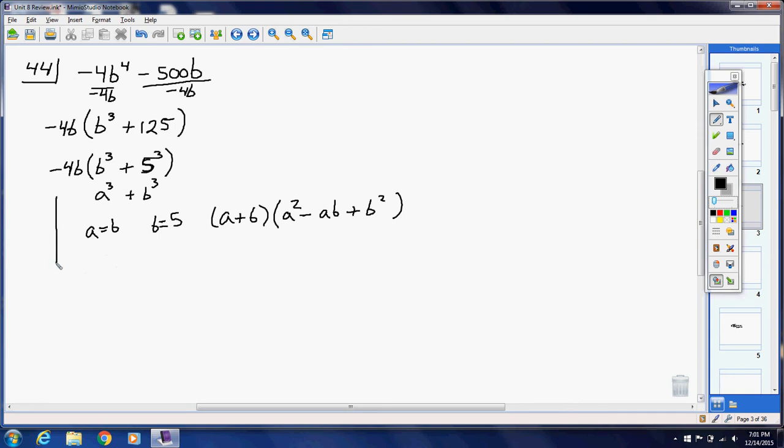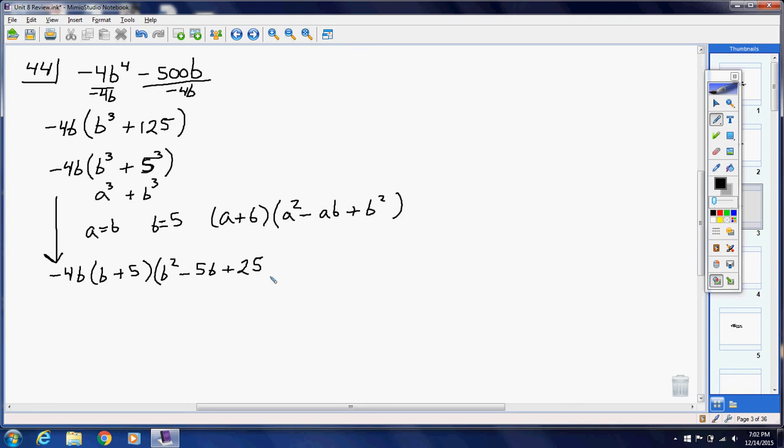We factored out this negative 4b. And a is b, so that's b plus 5 times b squared minus 5b plus 25.